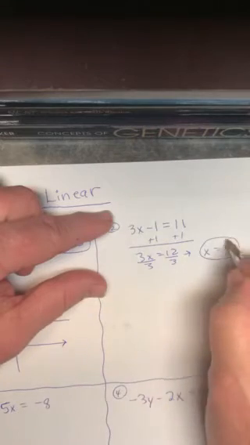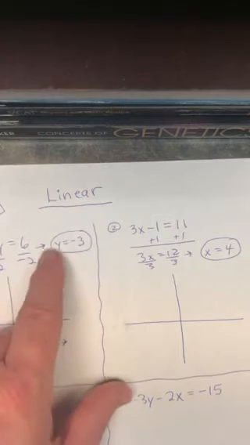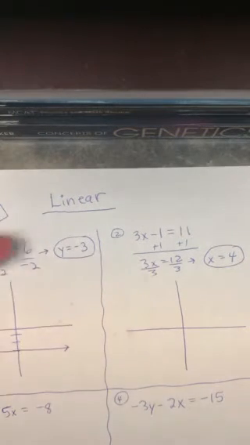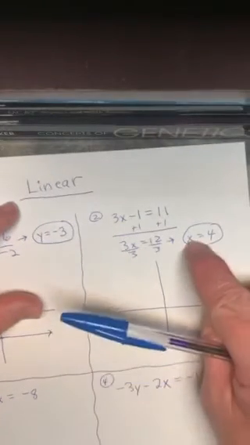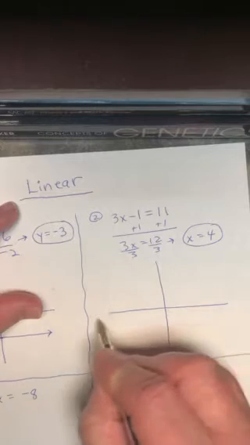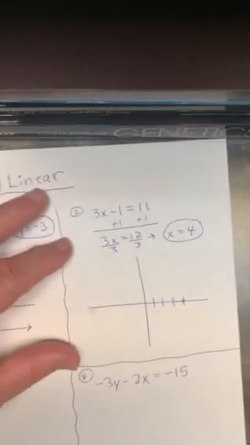So I'll circle that. I'll go to my picture. And instead of y equals negative 3 and going to the y-axis and going down 3, it says x equals 4. So I go to the x-axis and go over to 4 and put a dot on that number.